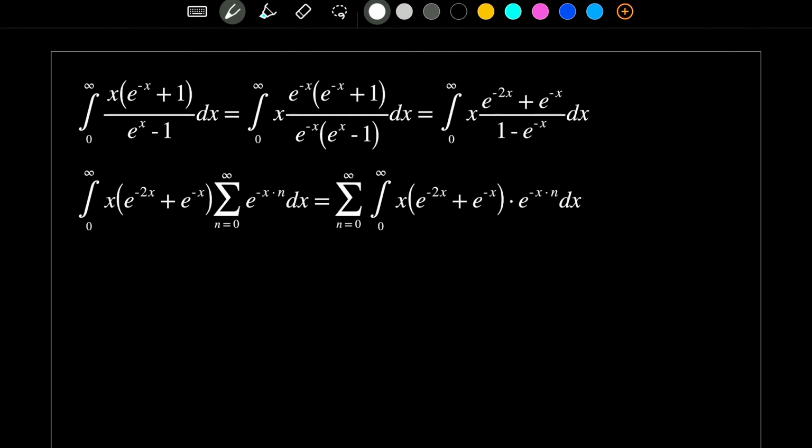So in the next step, we're going to split this integral up into two pieces just to make it more clear what we're going to do. So we're going to actually split it up into two sums of integrals.